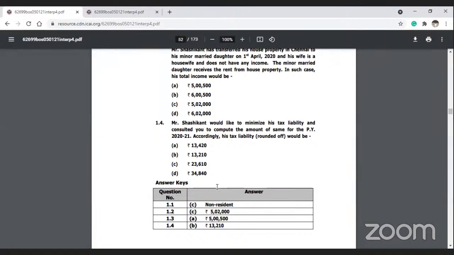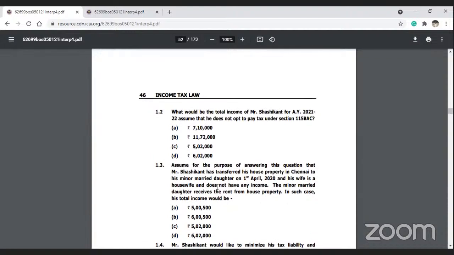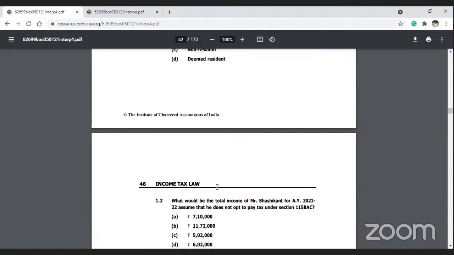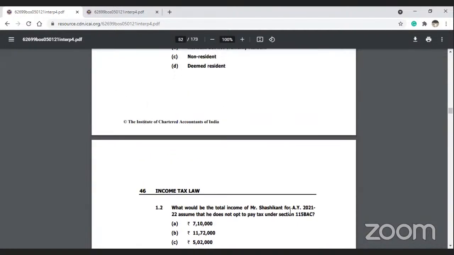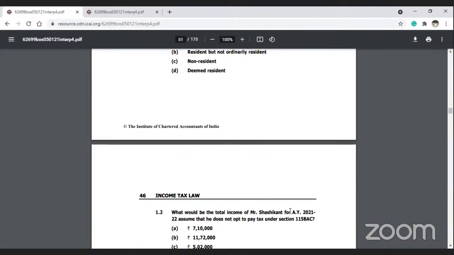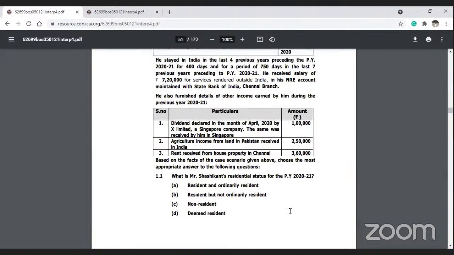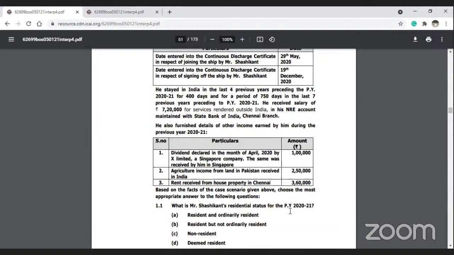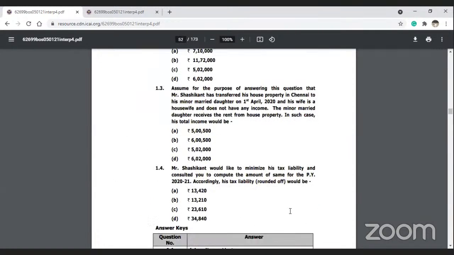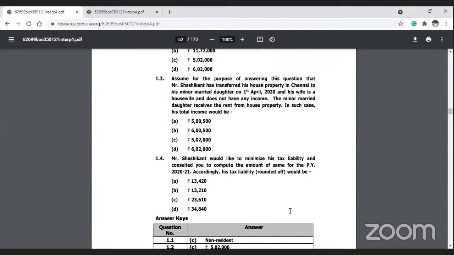He'll be taking 115BAC. I guess not, it is said above. Check the question, only under that one point for question 2. In the question they have written that he needs to minimize his tax liability. So if his tax liability is lesser than under 115BAC, he would opt for it.